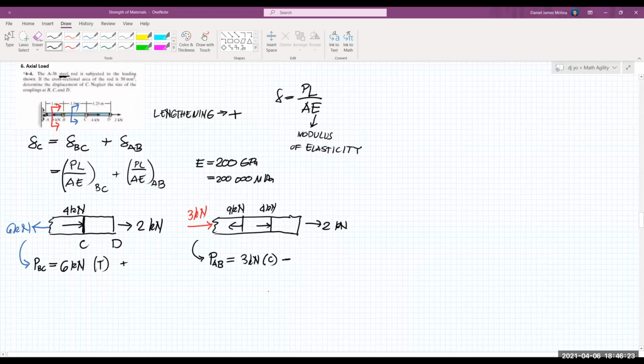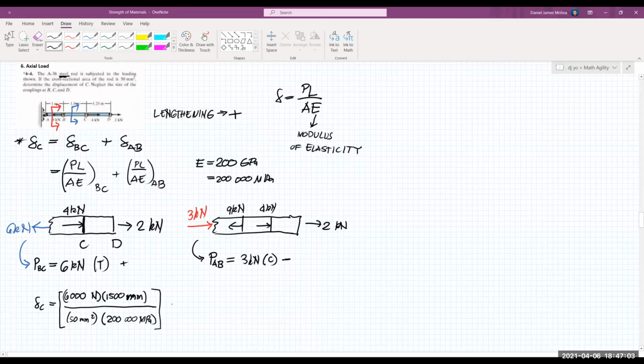So substituting it to our working equation here, the displacement of C is equal to the force at BC, that is 6,000 newtons, times its length, that is 1,500 millimeters, from 1.5 meters, divided by the area, that is 50 square millimeters, times the modulus of elasticity, that is 200,000 megapascals.